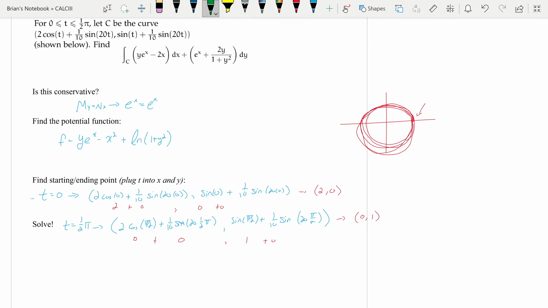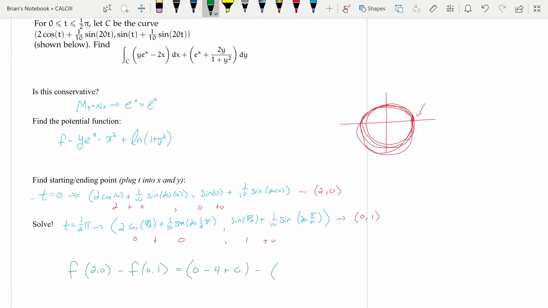So we're solving f of our first point, which is 2, 0, minus our second point, which is 0, 1. Our potential function, we just have to keep all of our x's and y's straight here. So we'll have a 0 because that's a y, minus x squared, so it'll be 4, plus the natural log of 1 plus y squared, so the natural log of 1 is 0, minus our next one.